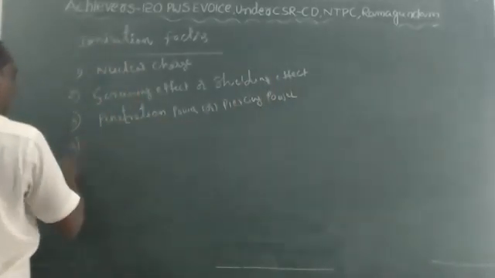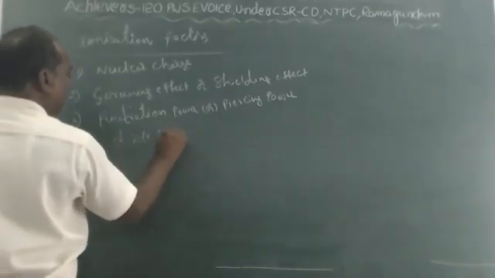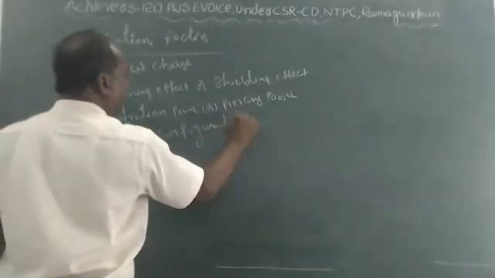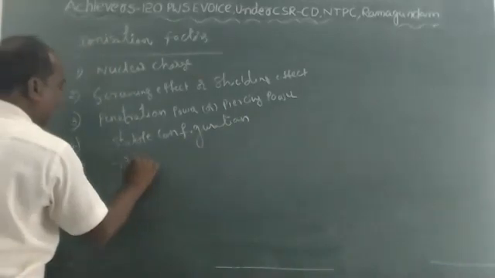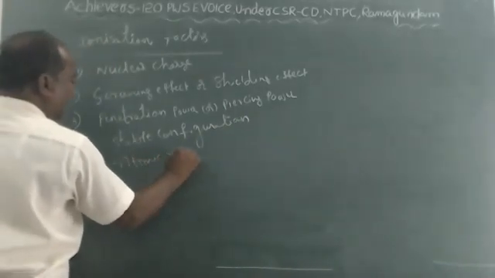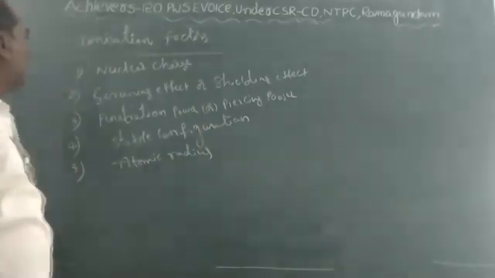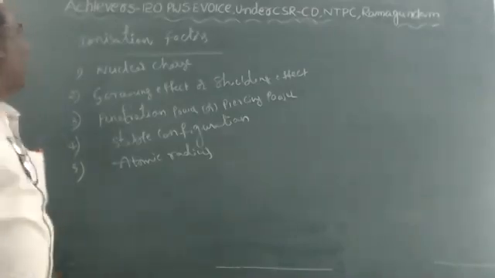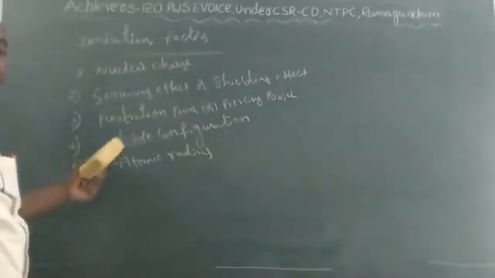Fourth one is stable configuration. And fifth one is atomic radius. So these are the main factors that influence ionization energy. Children, it is also a very important question.